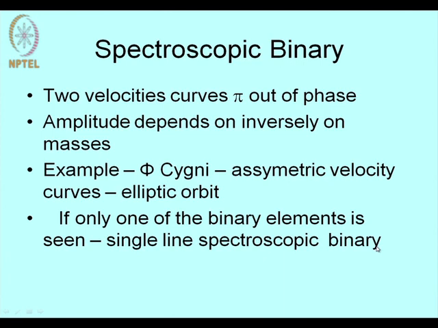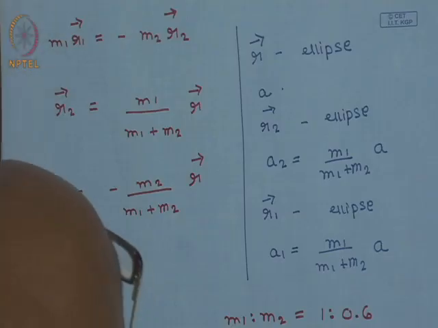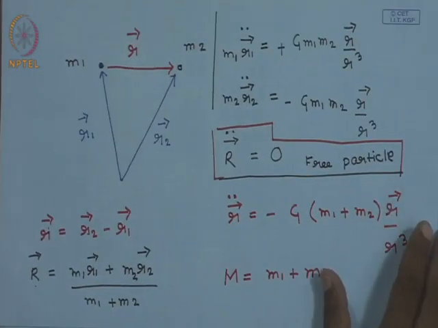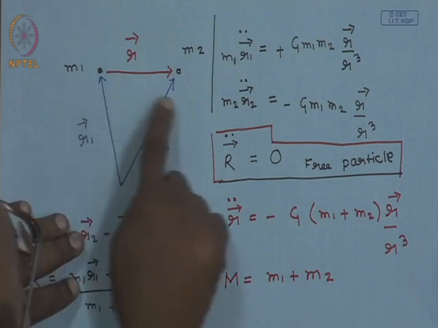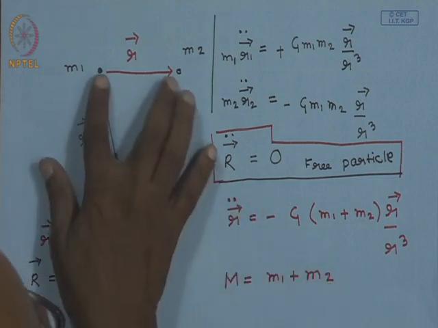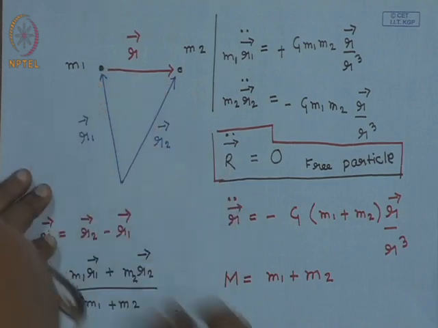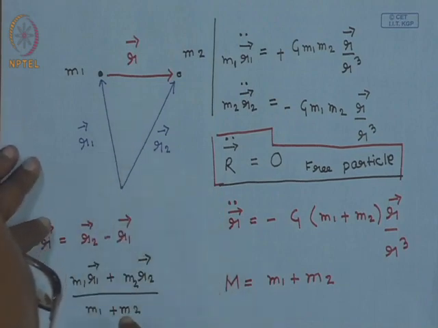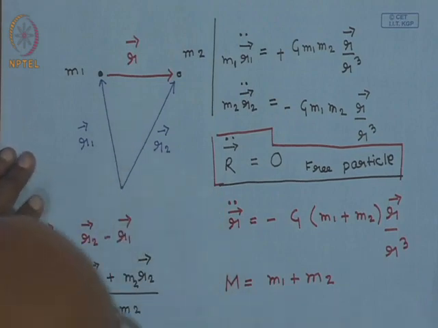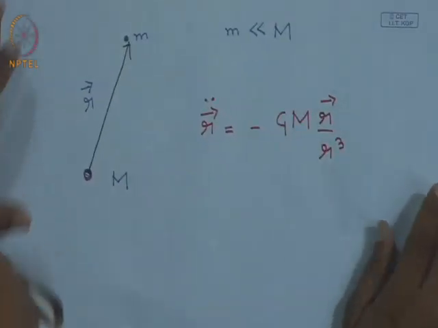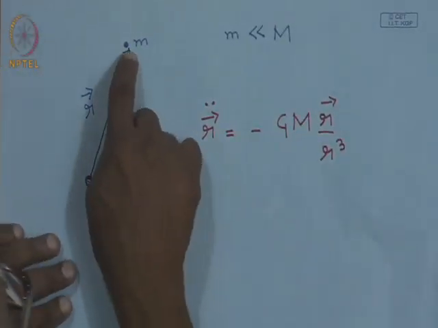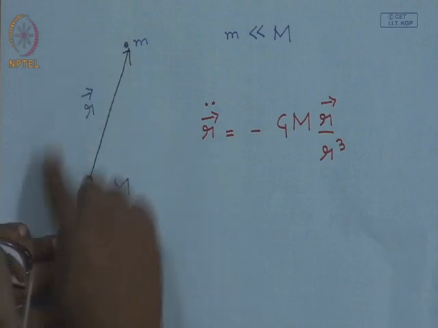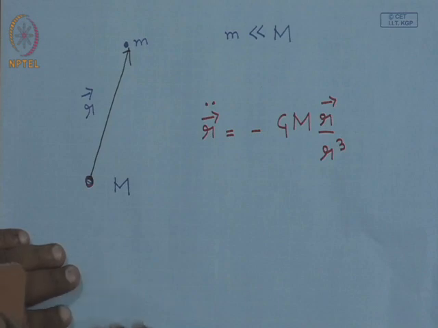So, let me now briefly recapitulate what we have learnt today. Today we have been discussing binary systems where you have two objects in a binary orbit, in each other's gravitational field, and we saw that this can be reduced to exactly the problem that we had discussed earlier, where you have a test particle moving in the gravitational field of a much larger mass m.